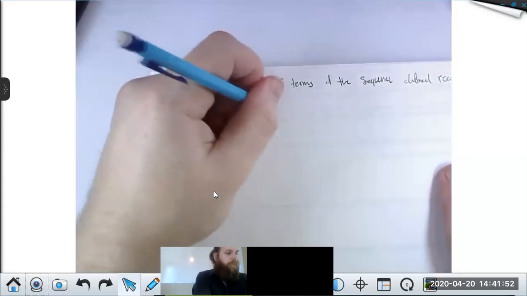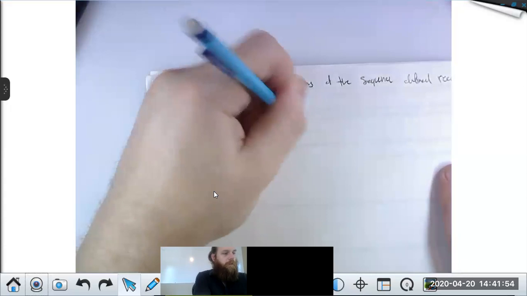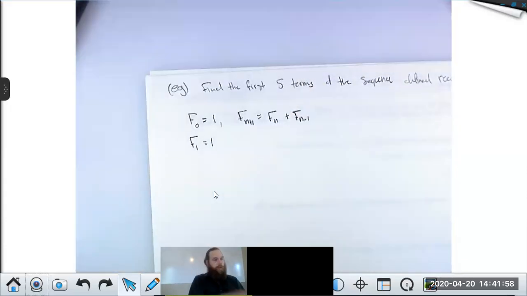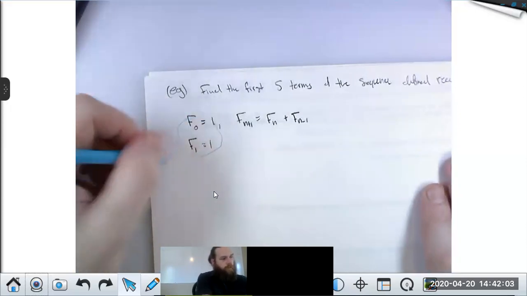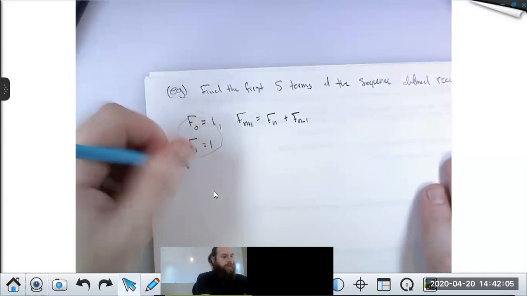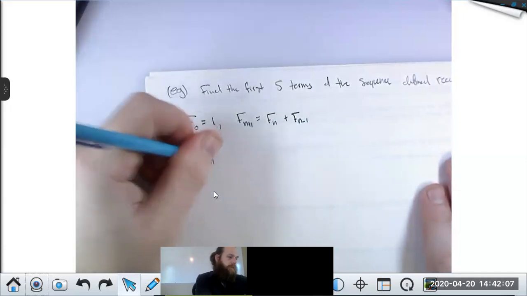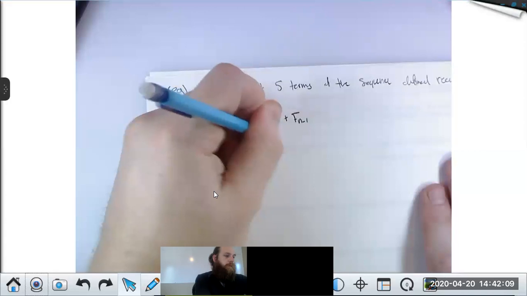Capital Fn plus 1 is Fn plus Fn minus 1. So again, these are my initial conditions. And this is my recursion relation.